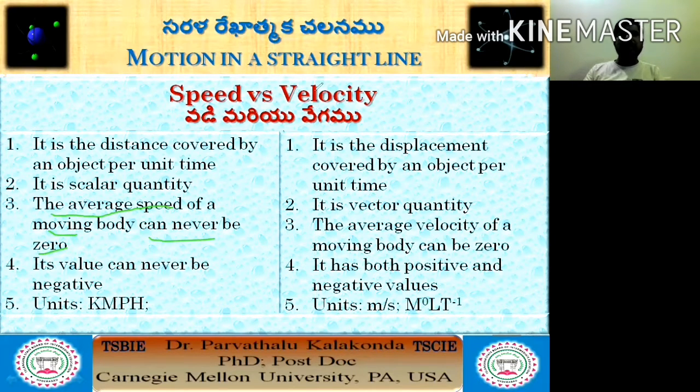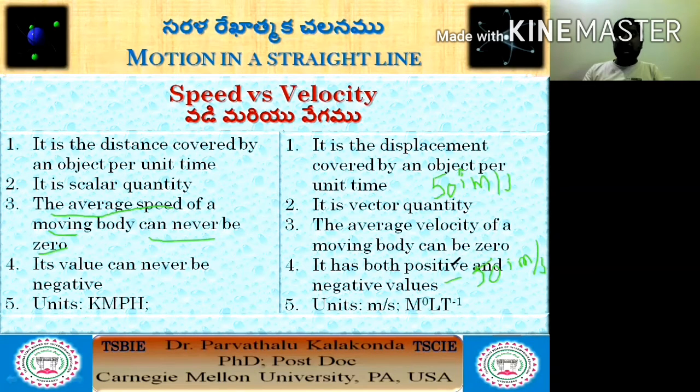ఎందుకు ఎలా అవుతుంది? సపోజ్ నేను ఇక్కడ నుంచి విజయవాడకి ఒక డైరెక్షన్ లో వెళ్ళాను. ఓకే, 50 i మీటర్ ఫర్ సెకండ్. ఓకే, 50 మీటర్ ఫర్ సెకండ్. ఇది i యూనిట్ వెక్టర్ x డైరెక్షన్ లో. మళ్ళీ నేను when I move from Vijayawada to Hyderabad, I have to specify the direction, which is -50 i meter per second, right?